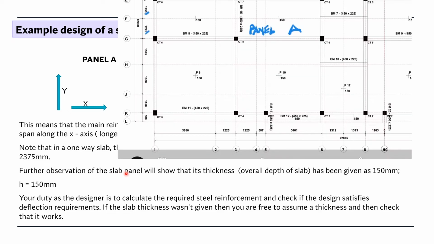So when we look at this here, 150 millimeters. Your duty as the designer is to calculate the required steel reinforcement and check if the design satisfies deflection requirements. If the slab thickness wasn't given, then you are free to assume a thickness and check that it works.